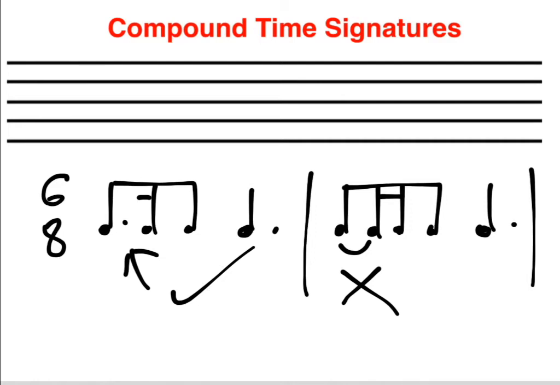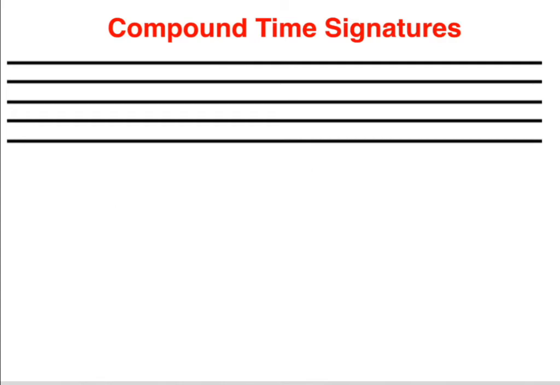But sometimes you may actually need to have ties in compound time signatures, so don't erase all your ties from your music. You are going to need them the odd time, especially when you're tying a note across from one beat to the other. Okay, and that usually happens in 6/8 across the middle of the bar.